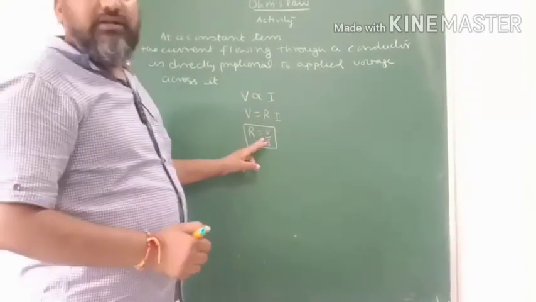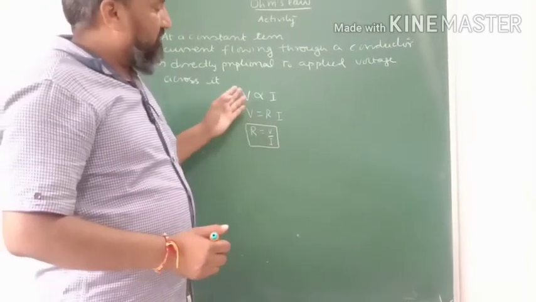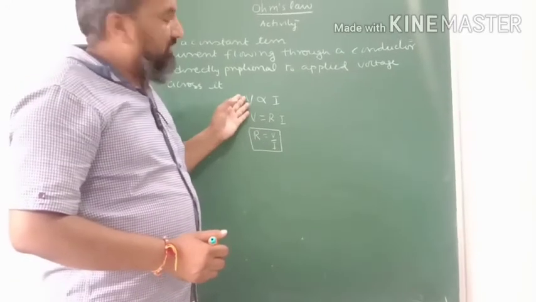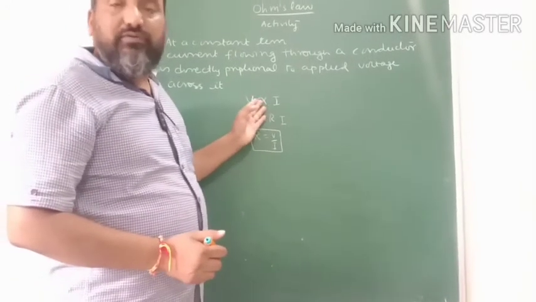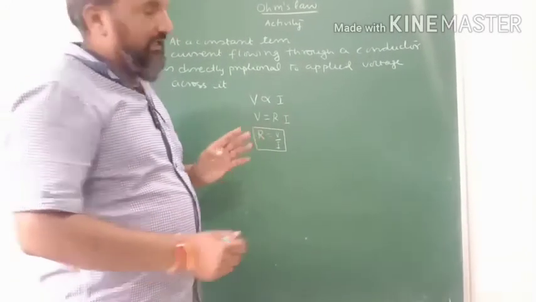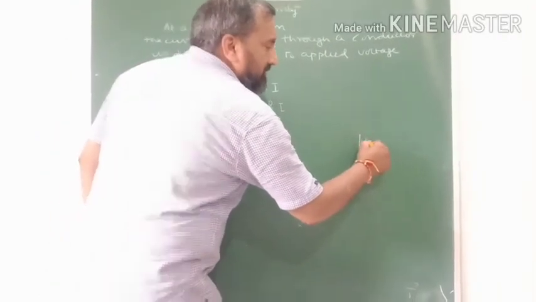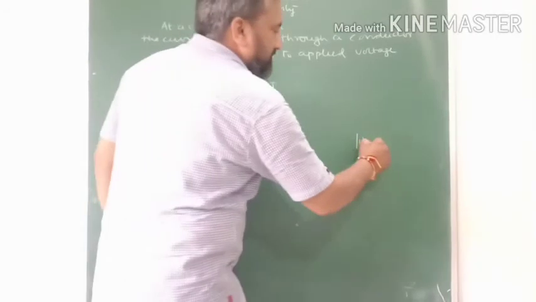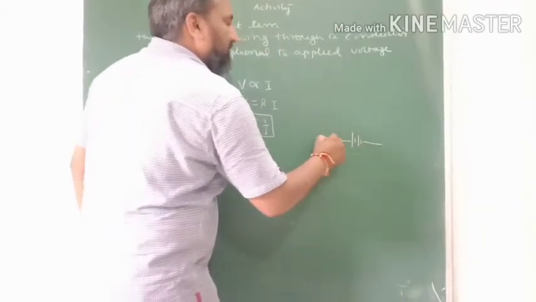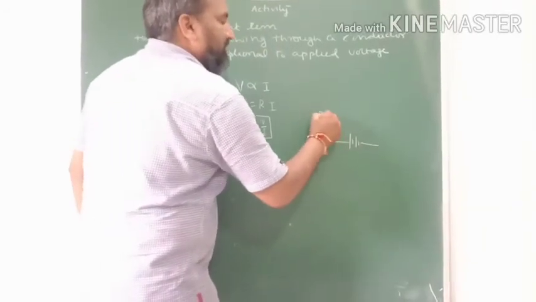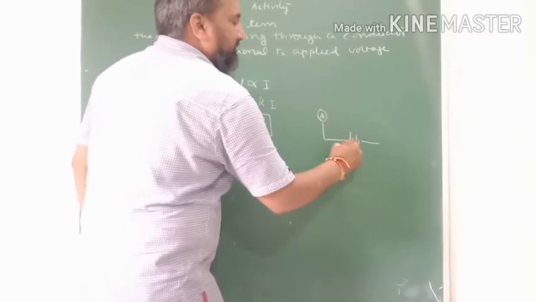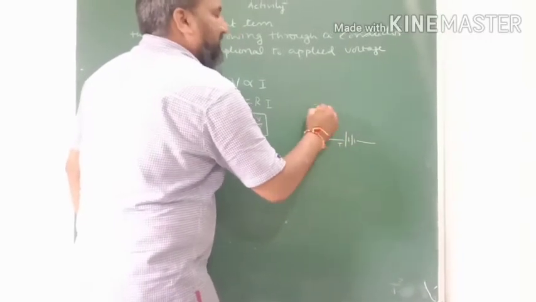We will draw the circuit diagram by which the potential is directly proportional to the current. So this is the circuit diagram. Battery connected to the ammeter. This is the positive terminal, this is negative.